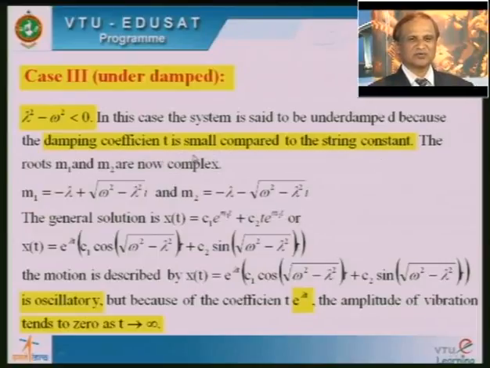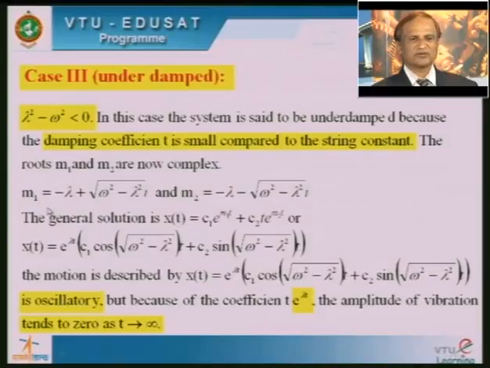Now, as I have mentioned, we want to find out the relationship between beta and k, is it clear? Here the damping coefficient beta may be less than the spring constant. In that case, we can obtain lambda square minus omega square less than 0, is it clear? It means we can obtain complex roots, is it clear, right.